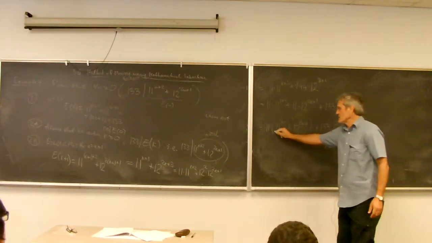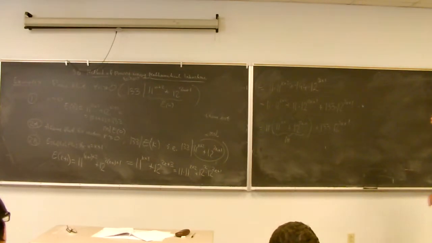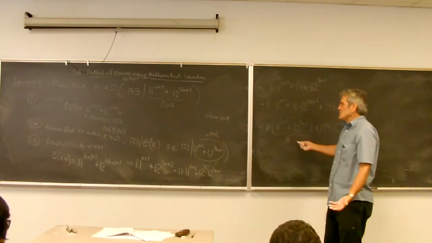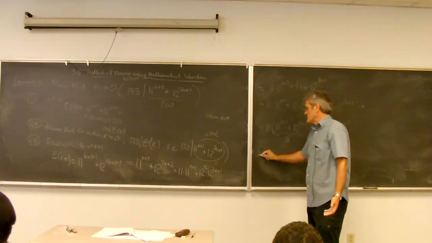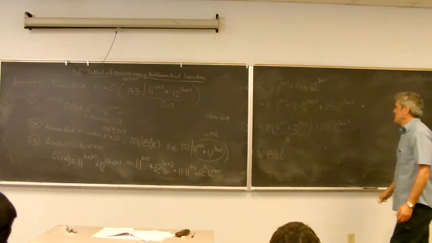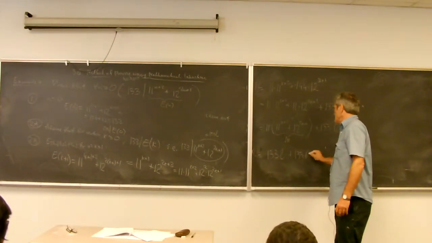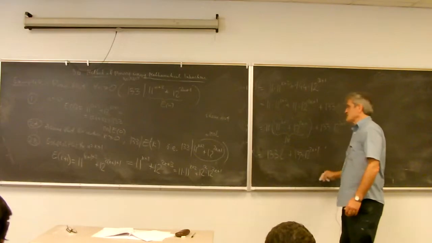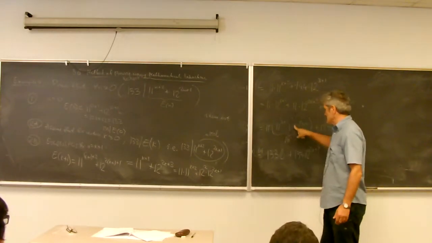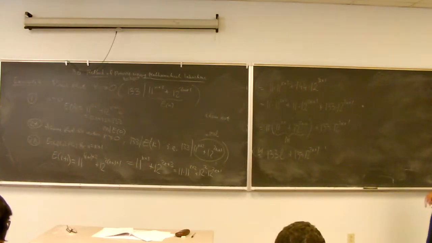Now, according to the inductive hypothesis, this guy is equal to what? It's divisible by 133, so this is like 133L, and I can put 11 into L, so all this is 133L. And this one is 133 times 12 to the 2k plus 1. So what can I do now? This was according to the inductive hypothesis, because this one was assumed to be divisible by 133.